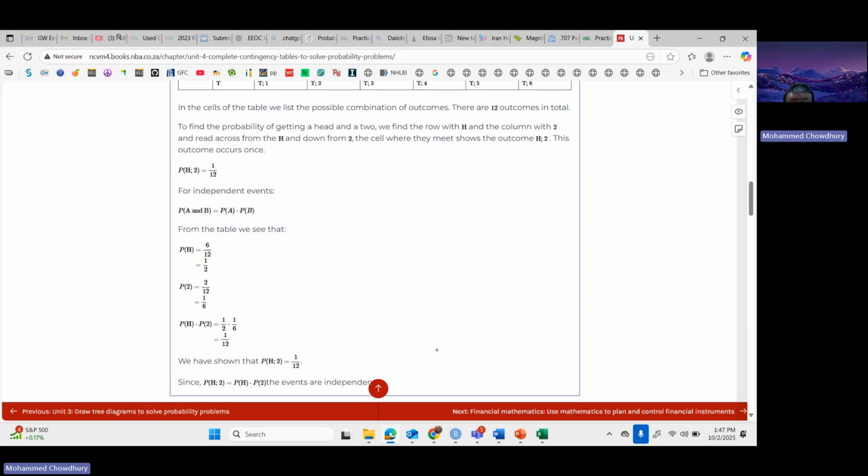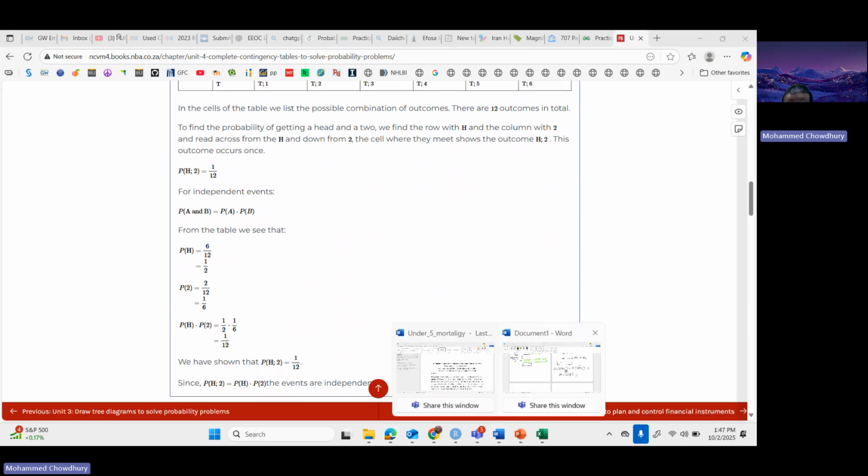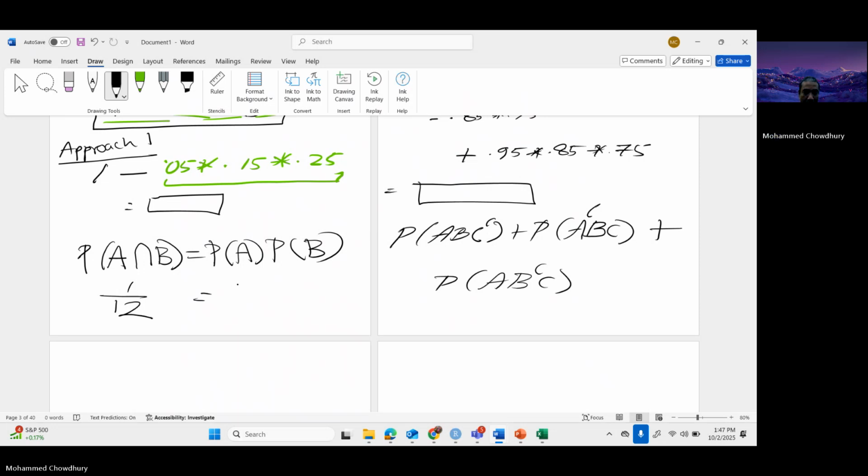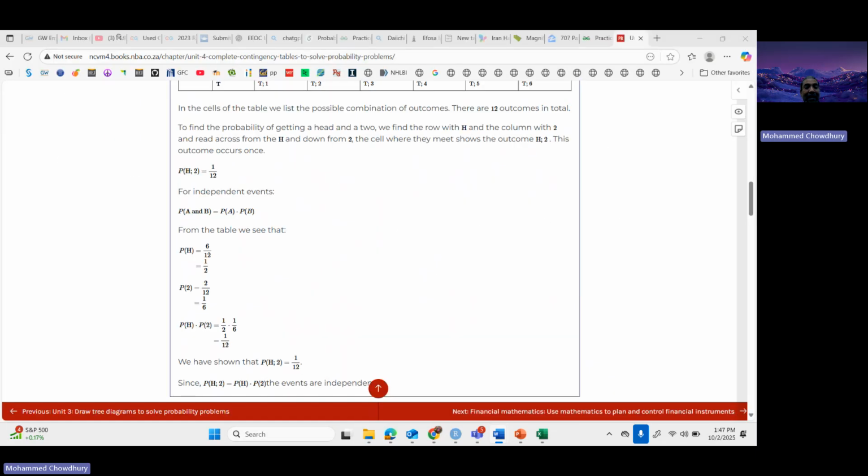Two events are said to be independent if the probability of A and B equals the probability of A times the probability of B. Here I got 1 over 12, and here I got 1 over 2 and 1 over 6. So that is why they are independent.